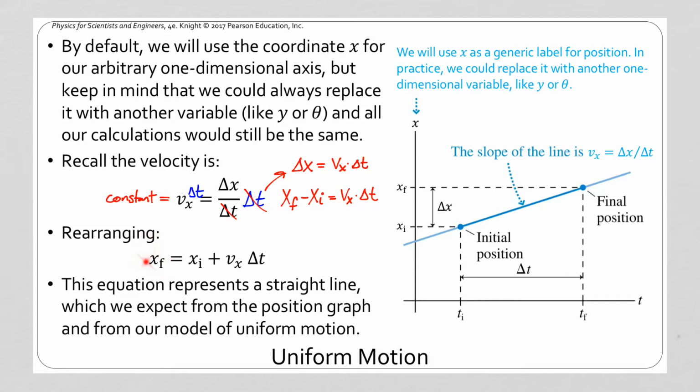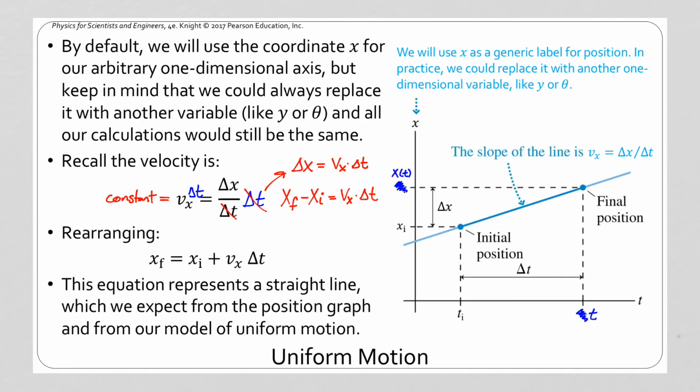Where the particle is at the end of an interval of uniform motion depends on where the particle was at the beginning, plus how fast the particle is going, what its velocity is, and how long the particle is undergoing uniform motion. We can also turn this into a position function of time by simply allowing the final time to be some general t that we don't have to specify, and then the final position is going to depend on that time.